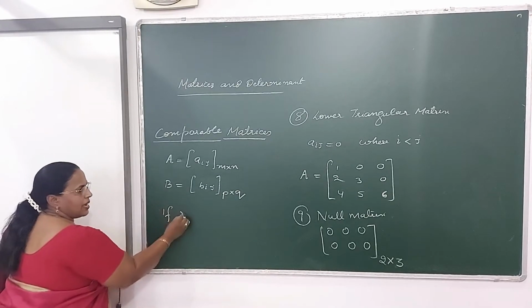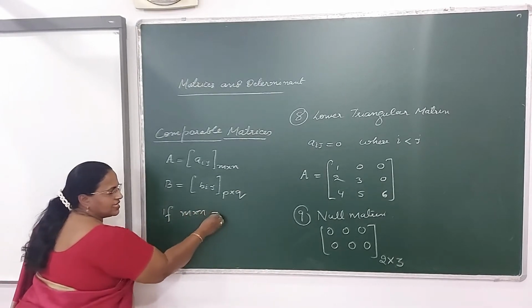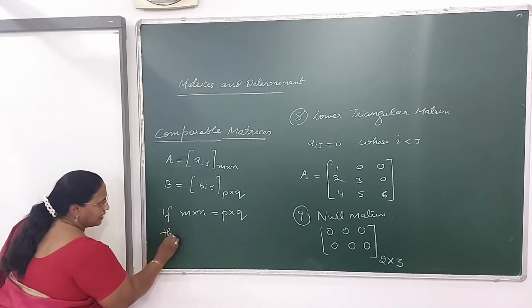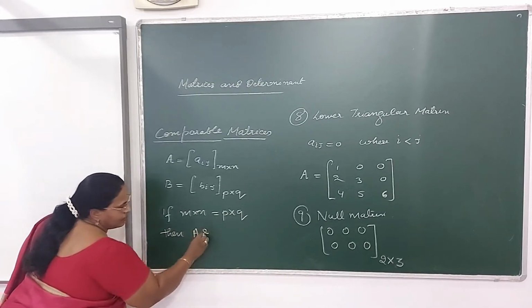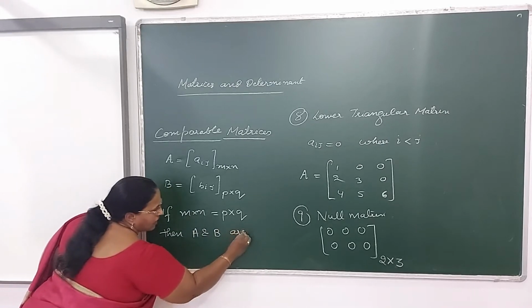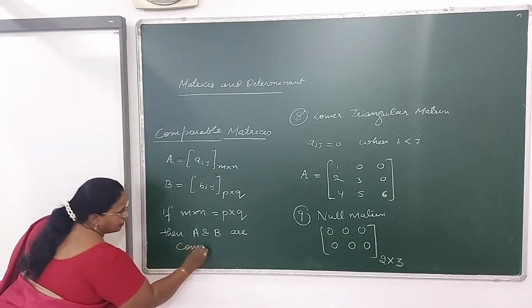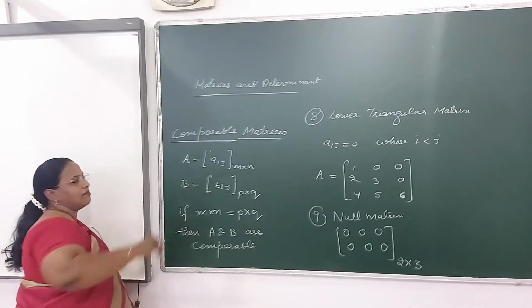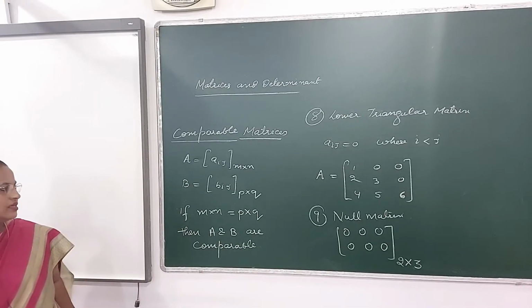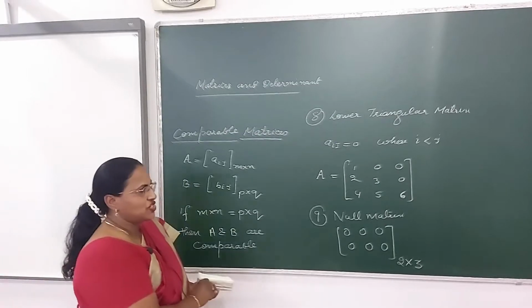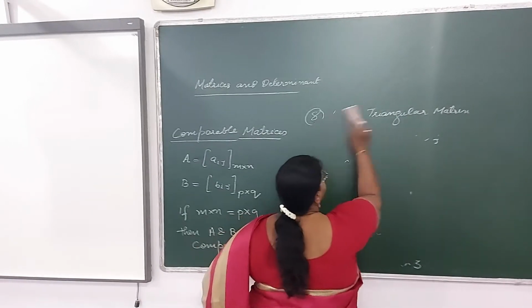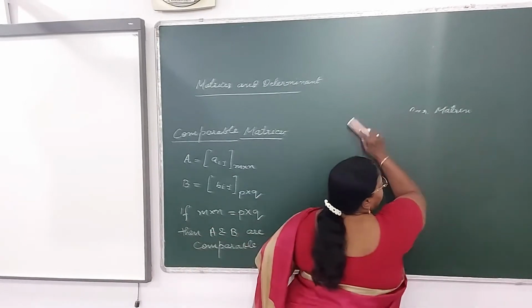If m by n is equal to p by q, then we'll say that A and B are comparable matrices. So simple definition: if the orders are the same, then the matrices are called comparable.